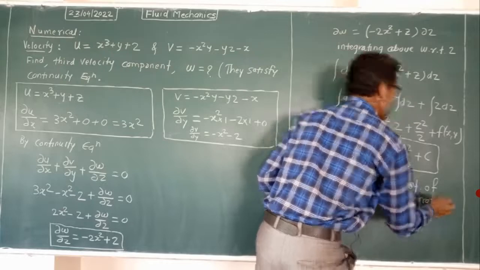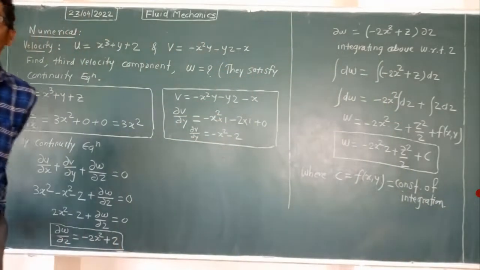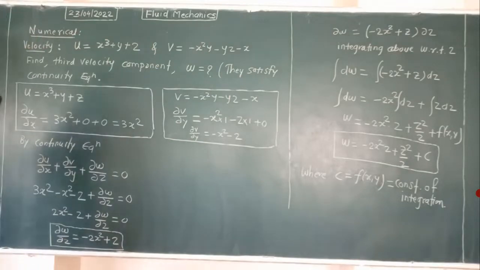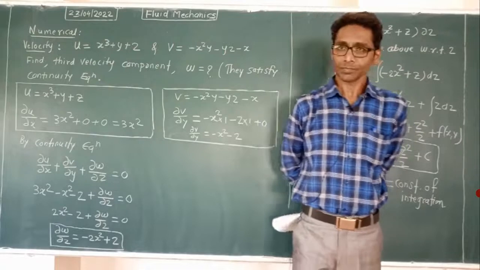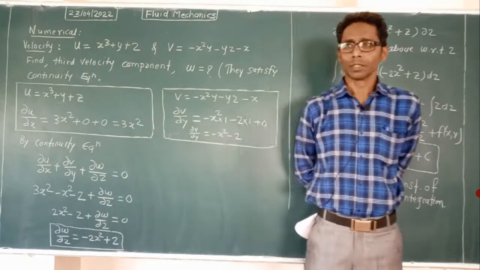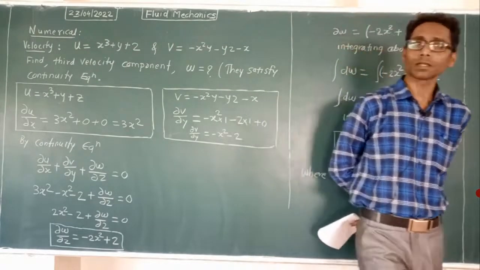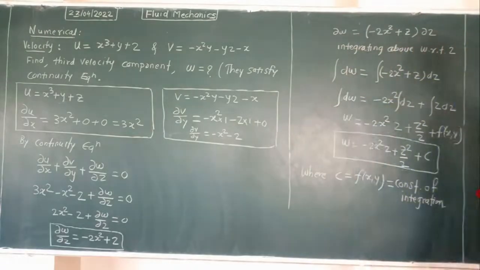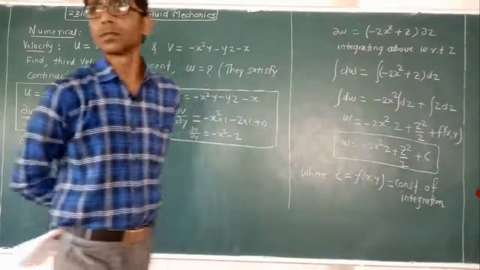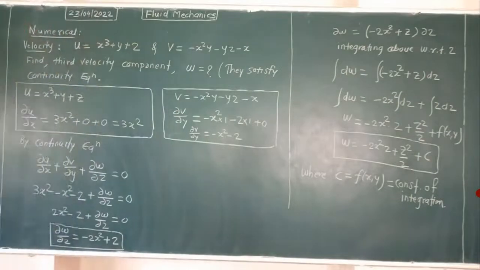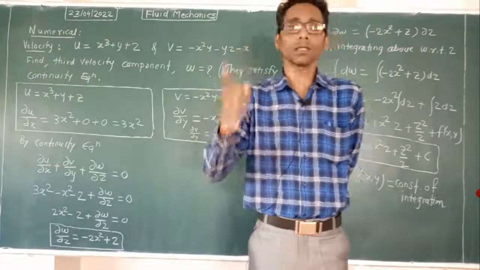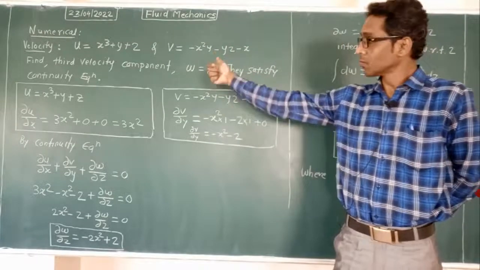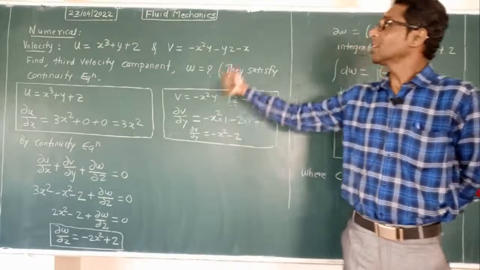Now this is an application of mathematics, where you studied partial differentiation in M1, M2 or M3. In M2, engineering mathematics 2, partial differentiation was studied, and in fluid mechanics we use it as an application to find the velocity component.